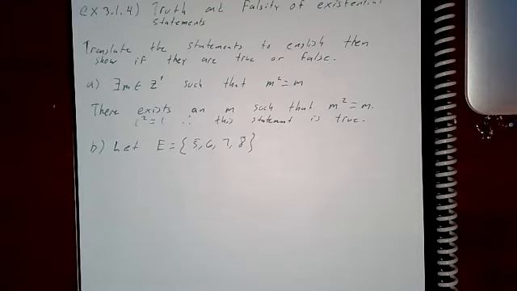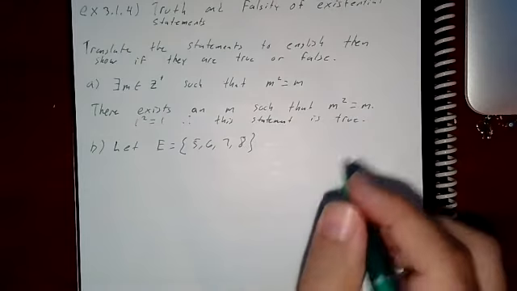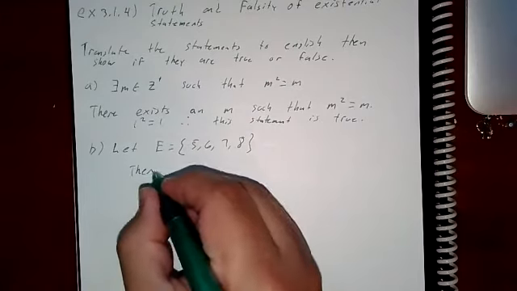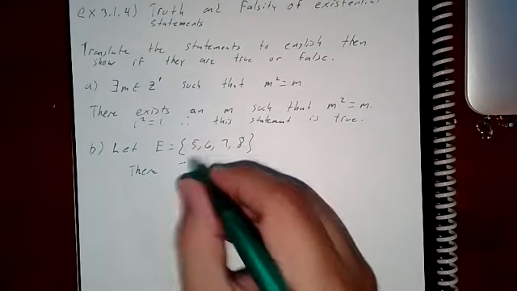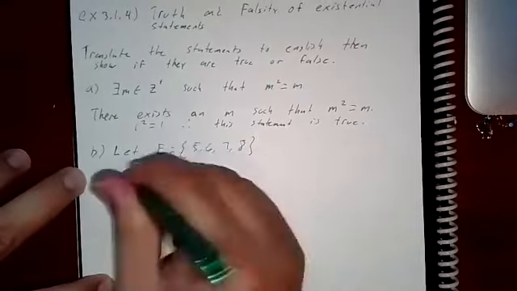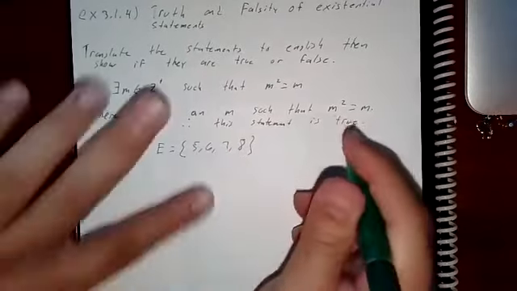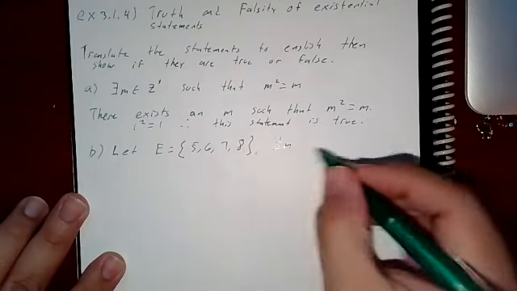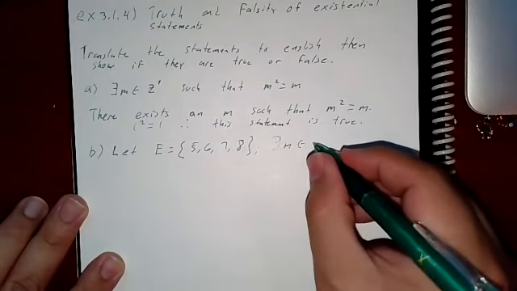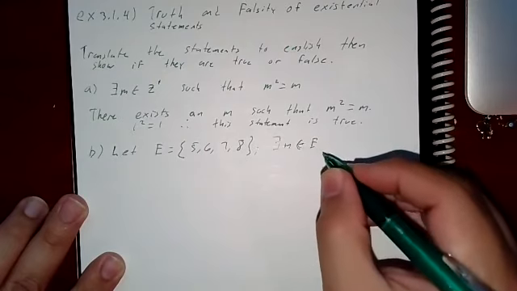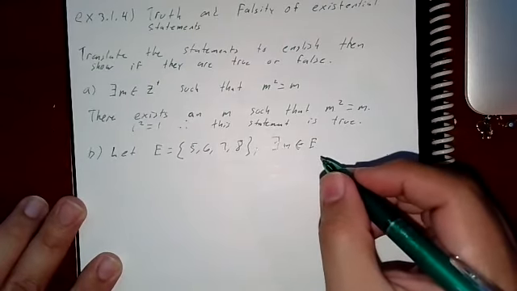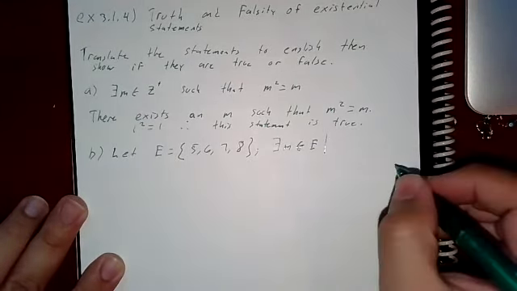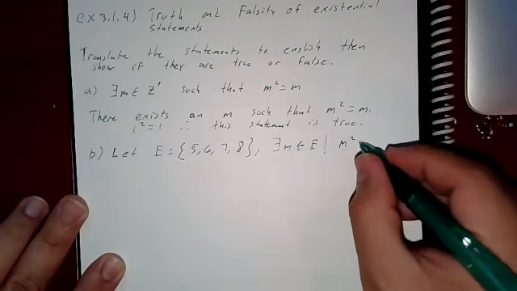So for B, we got that set there. Let's just go ahead and write the statement in symbolic form first. There exists an M in capital E, right? It's the set that we're dealing with, such that, right? So this is a straight line, M squared equals M.